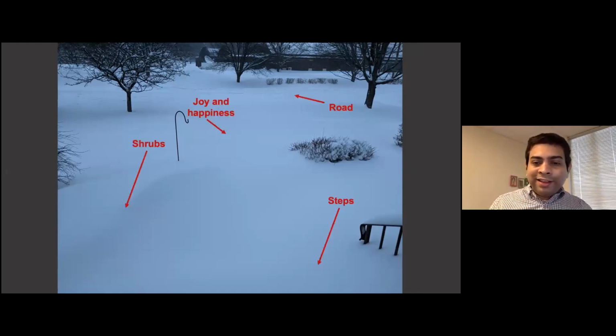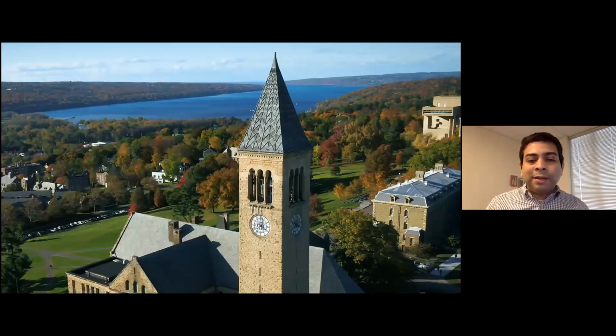This was my front yard, and it was covered with snow just a few days ago. And today the temperature is 4 degrees Celsius. So all of this has melted within the last week. It's not always this bad. In fall and summer, it's actually pretty beautiful. And if you get a chance, please do come here in upstate New York.